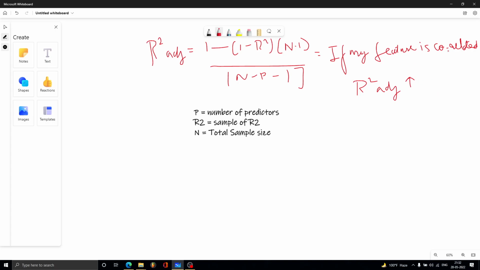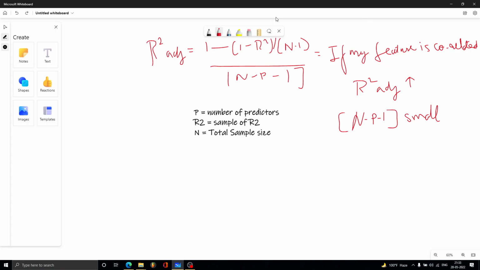If my feature is correlated, R square will be increasing, and n minus p minus 1, this whole part, will be a small value. Even if this whole division part gives us some not small, let's say high, value, our R square will be higher, and again we are doing 1 minus, so basically it will be increasing if it is correlated.